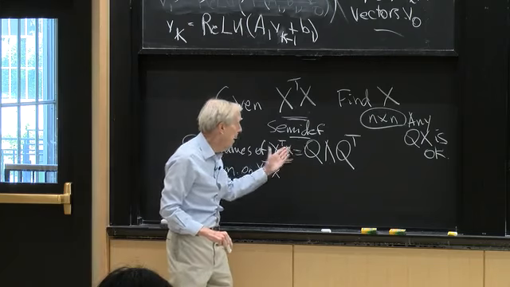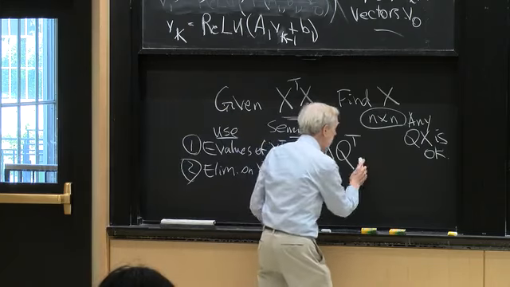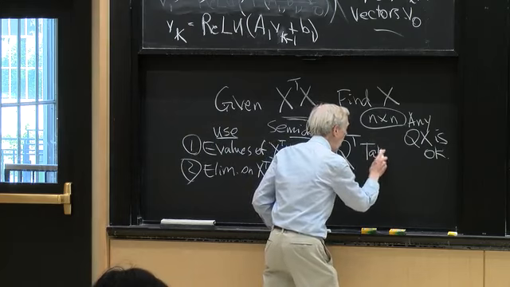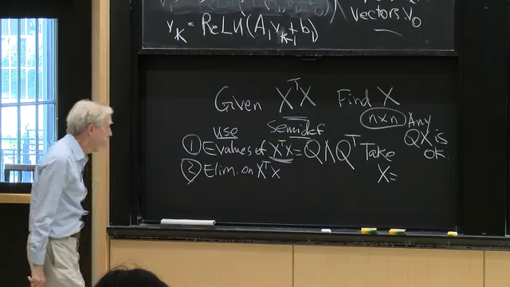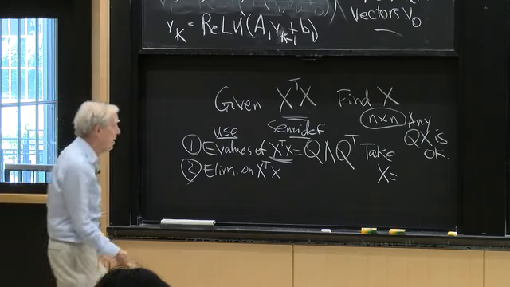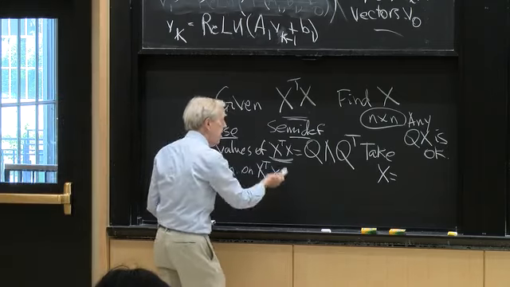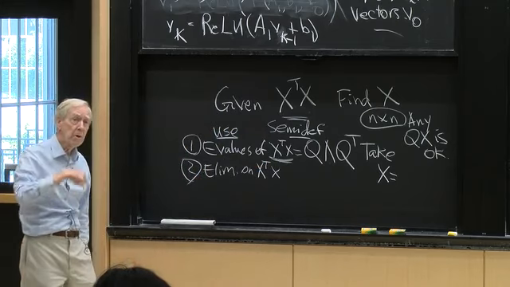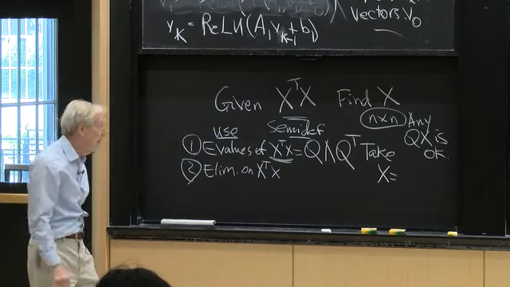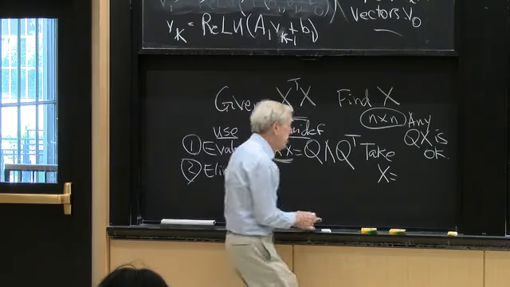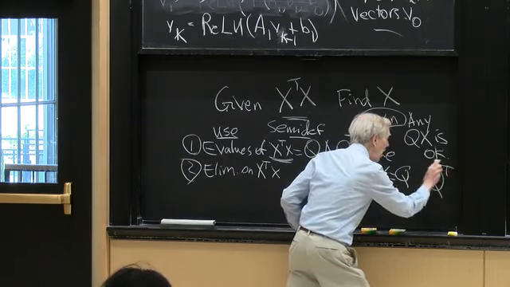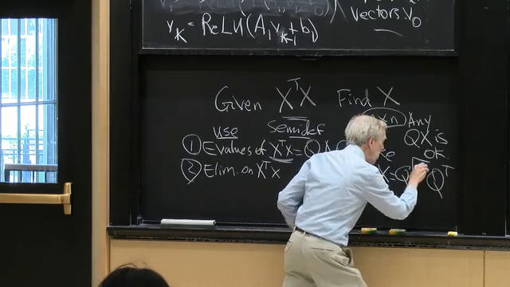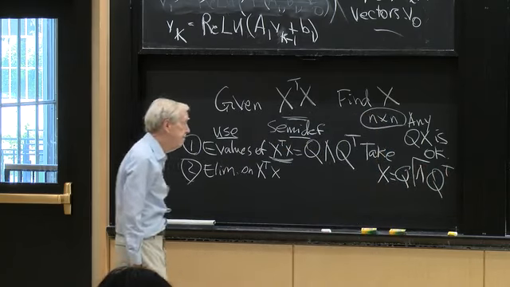So now if I know that, what's a good X? I've got the eigenvalues and eigenvectors of X transpose X, and I'm looking for an X that will work. One idea is to take the same eigenvectors, and take the square roots of the eigenvalues.